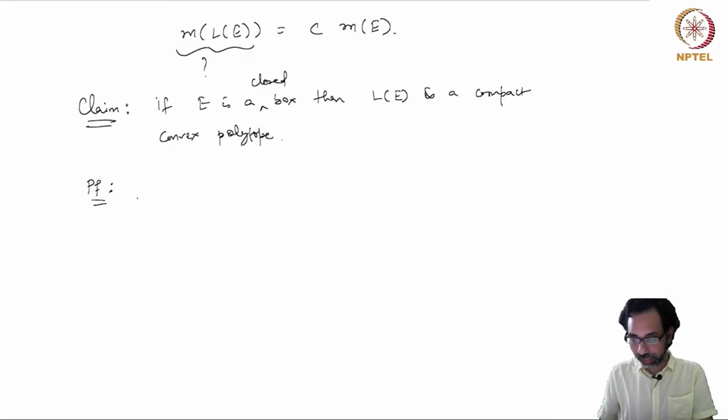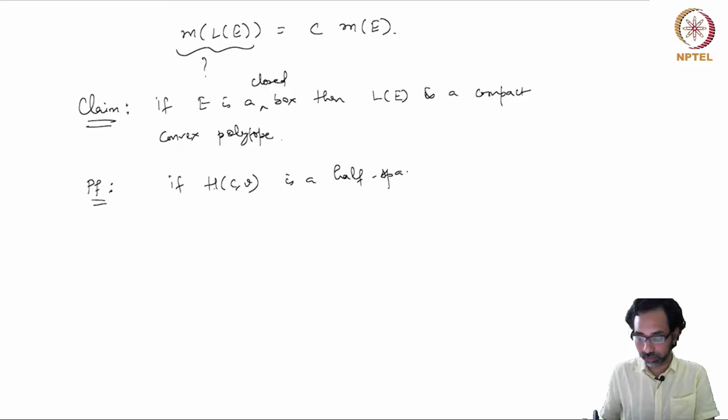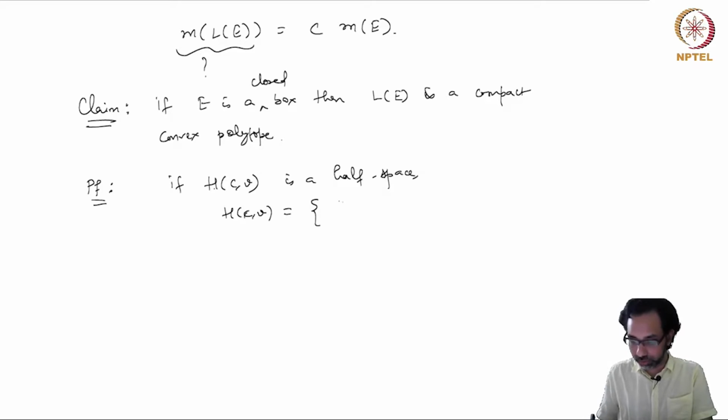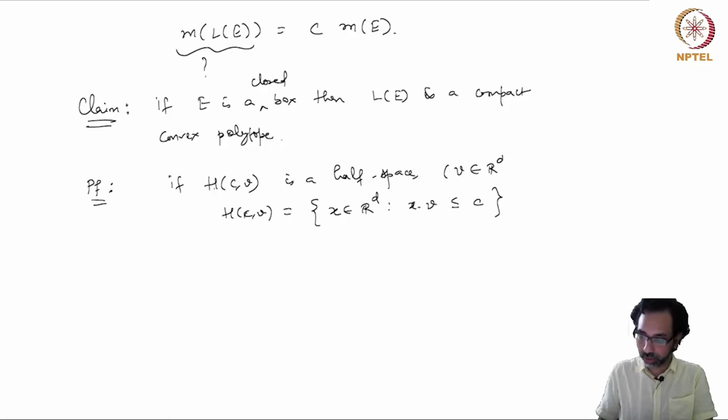To show that LE is a compact convex polytope, note that if H C comma V is a half space, so H_{C,V} in our notation before was the set of points in R^D such that the dot product of X with V is less than or equal to C. Here V is an element of R^D and C is a real number.